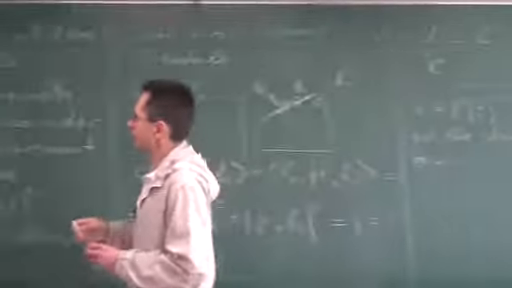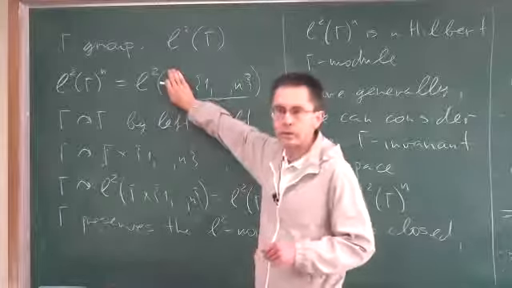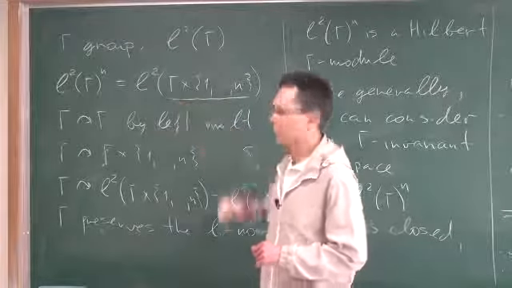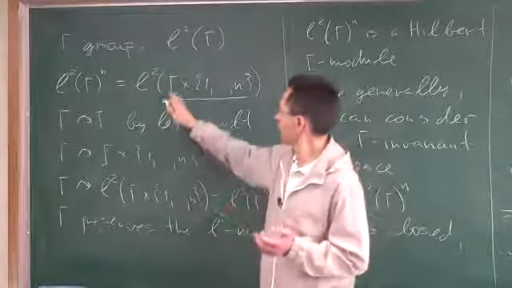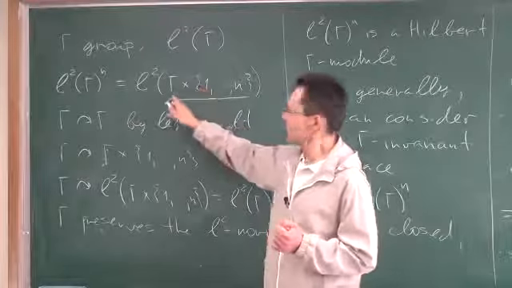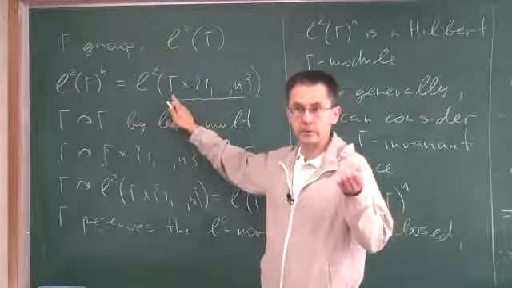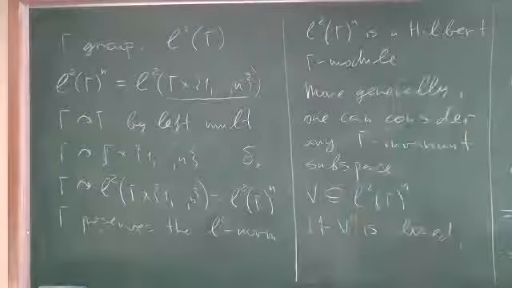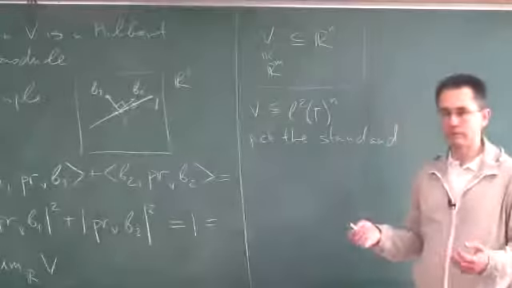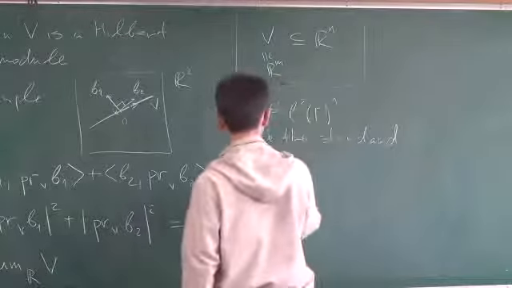But now the trick is when you consider the group action on this, we forget about the group. In other words, there are several copies of gamma here. For each copy of gamma, you pick just one basis vector corresponding to the identity element of gamma. So when I say the standard basis, it means basis as a gamma module. So in each orbit of gamma, you pick just one element. Gamma basis.